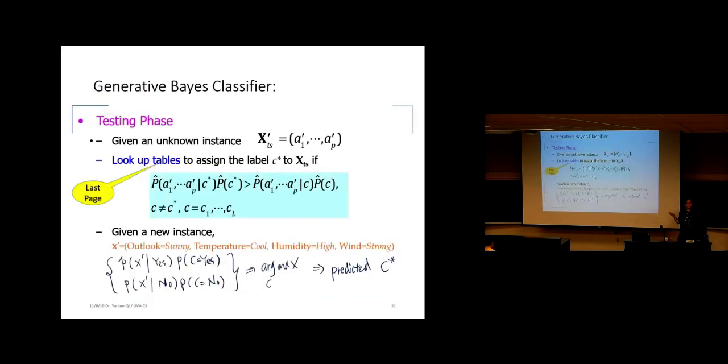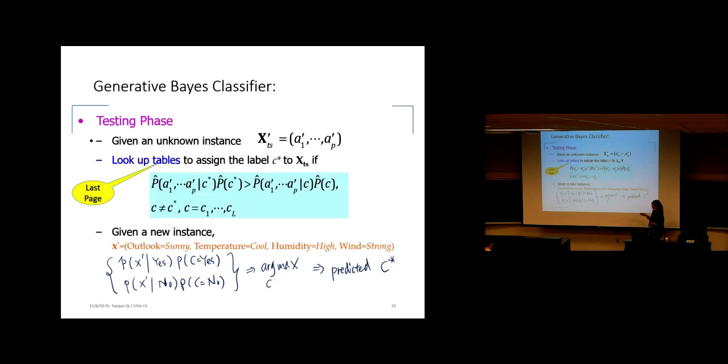And then how do you use it? You use it when there's future data. Let me give you a case: sunny, cool, high, strong. You really just do a lookup. What is in that lookup table you learned from the training data? This is the future data. What is the probability of this combination conditioned on yes from that table?